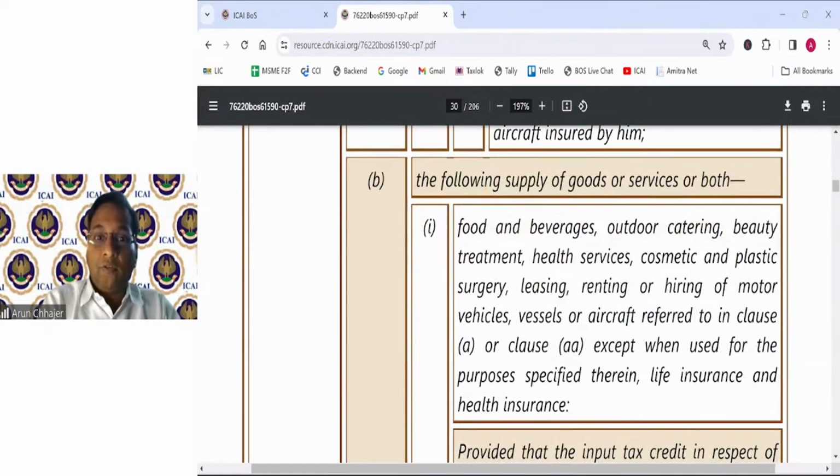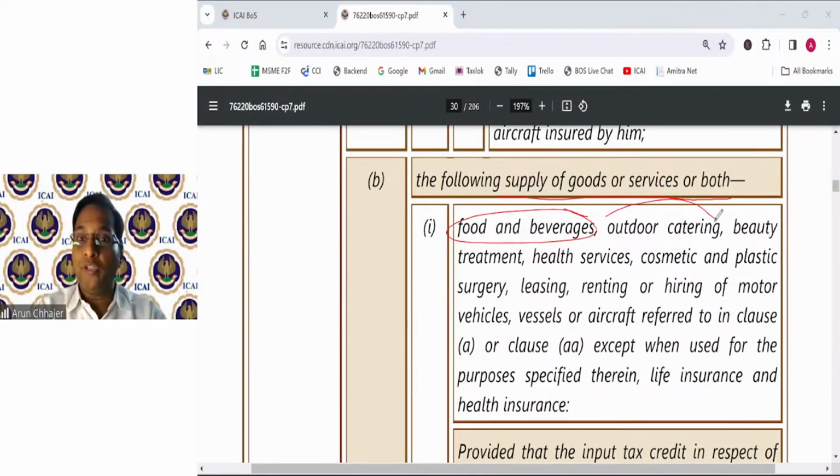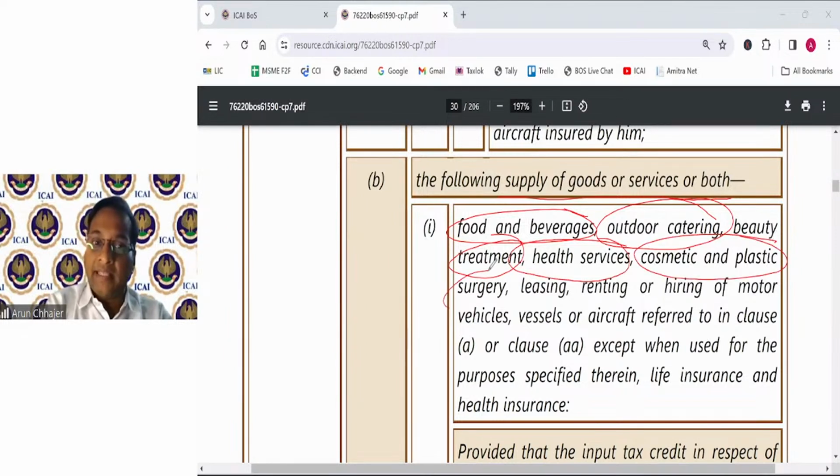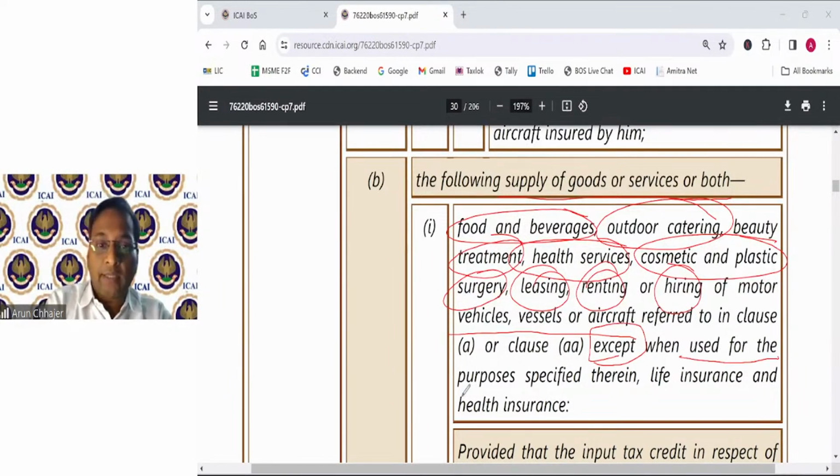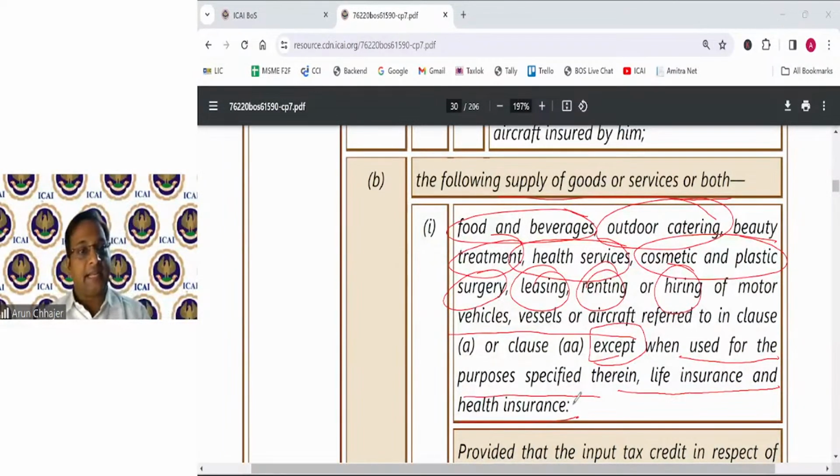The following supply of goods or services or both: food and beverages, outdoor catering, beauty treatment, health service, cosmetic and plastic surgery, leasing, renting or hiring of motor vehicle, vessel or aircraft referred to in clause A or clause AA, except when used for the purpose specified therein, life insurance and health insurance.